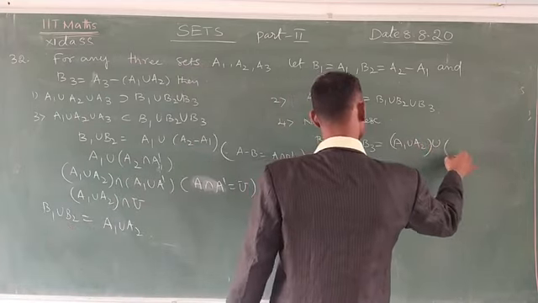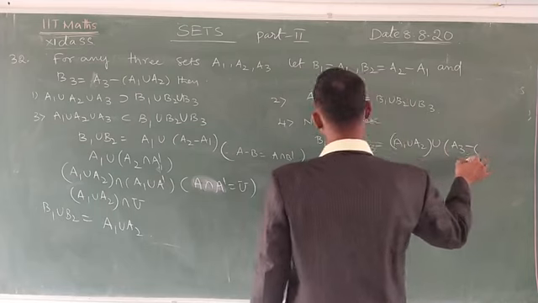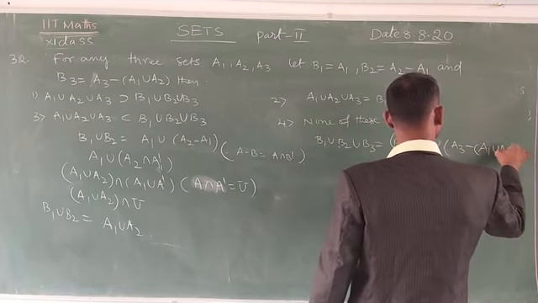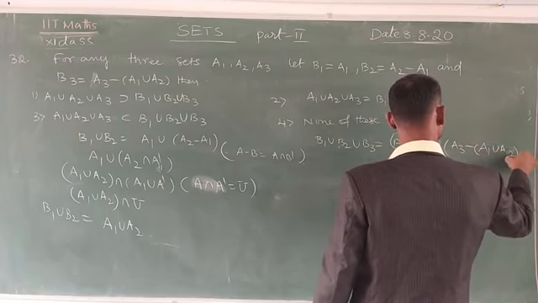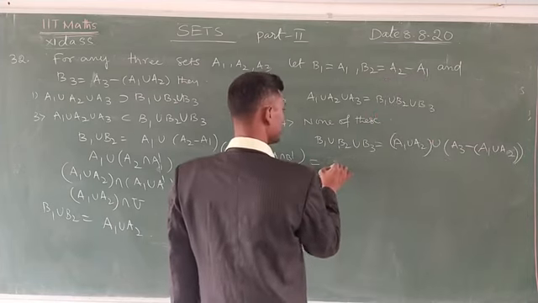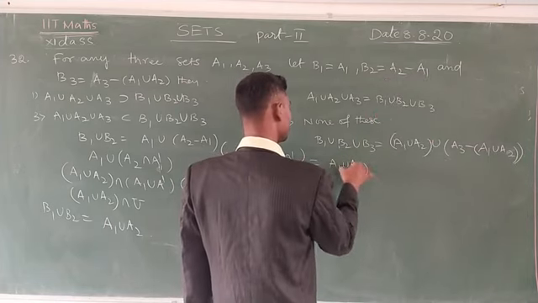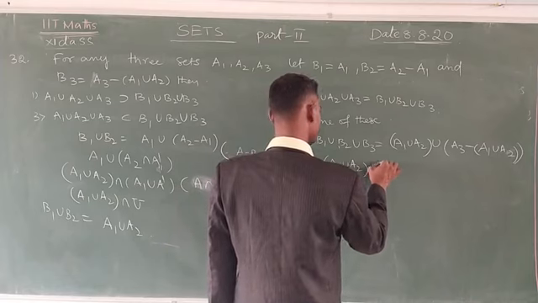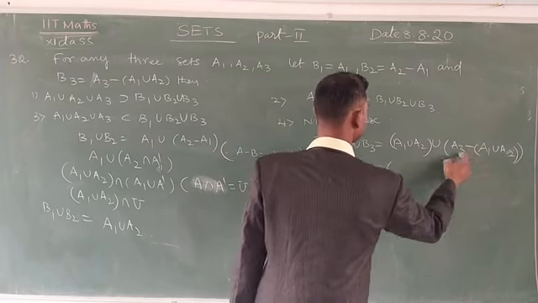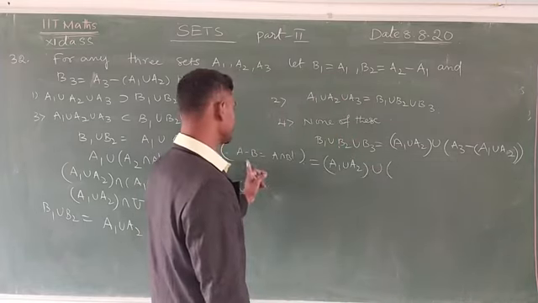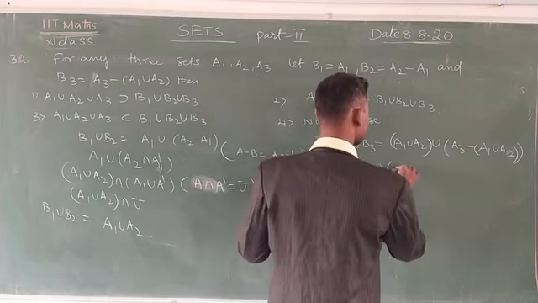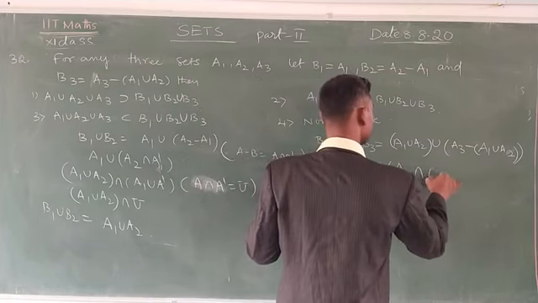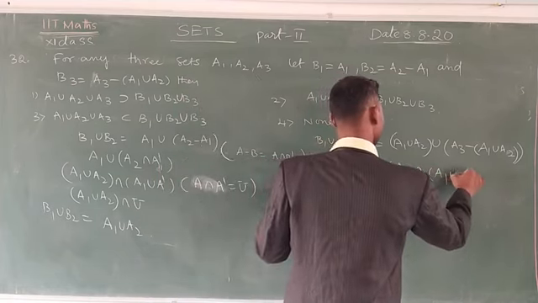B3 means here A3 minus (A1 union A2). Now see here, A1 union A2 union. Here again you have to apply A minus B is equal to A intersection B dash.